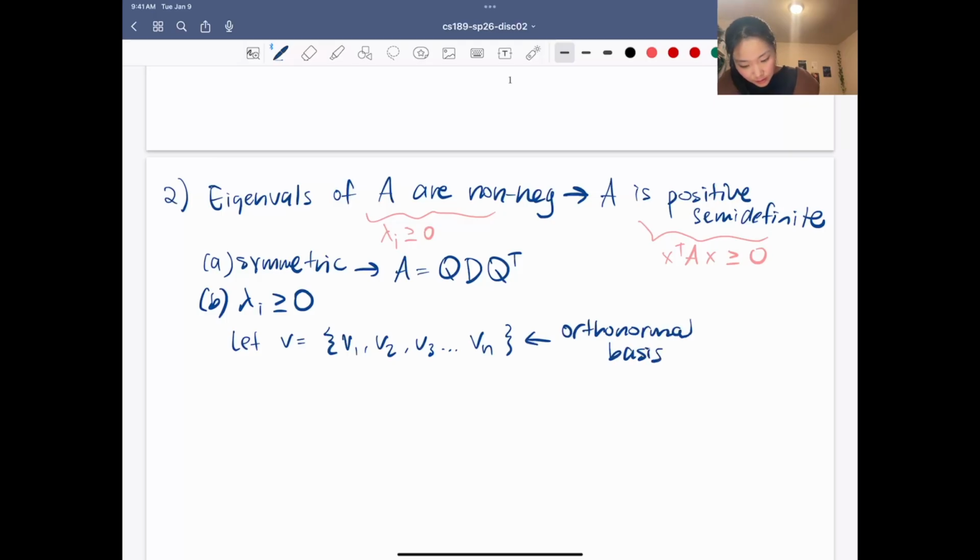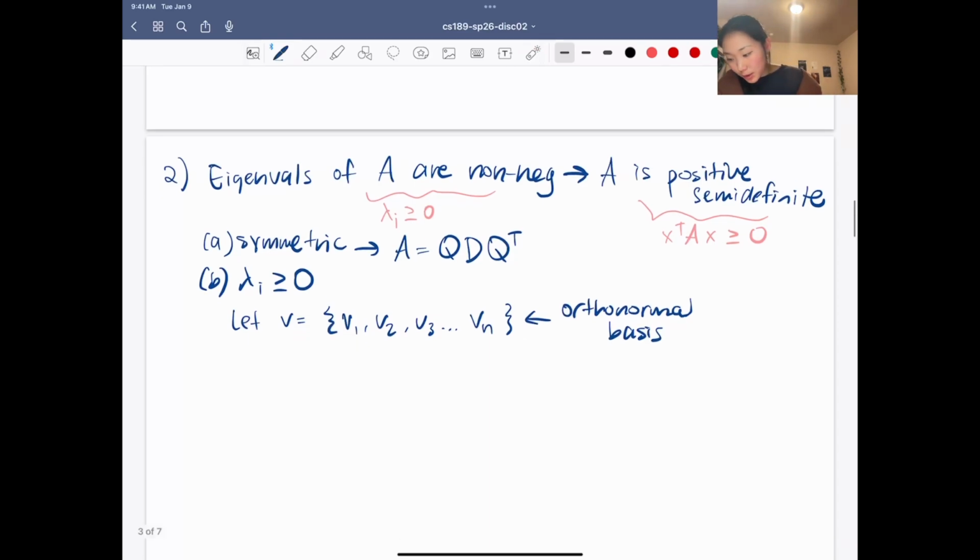So this is an orthogonal matrix that is created by an orthonormal basis of eigenvectors. What does that mean? An orthonormal basis means that we can create any vector by writing it as a linear combination of these vectors. And because of that, we know the following statement is true.